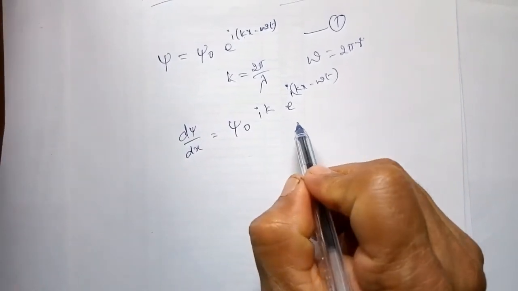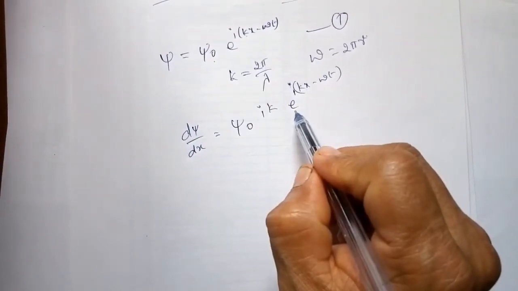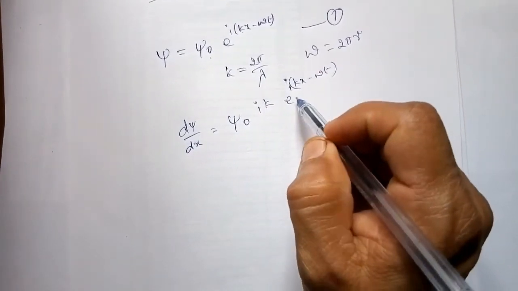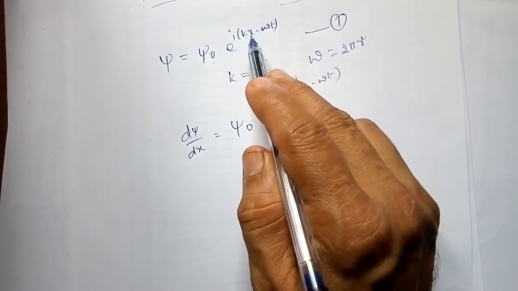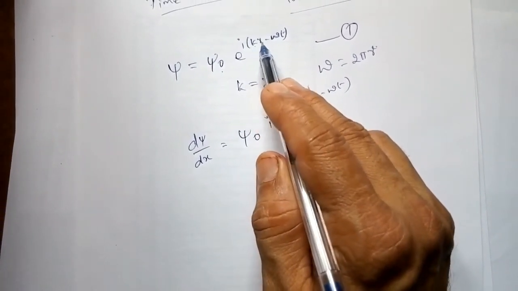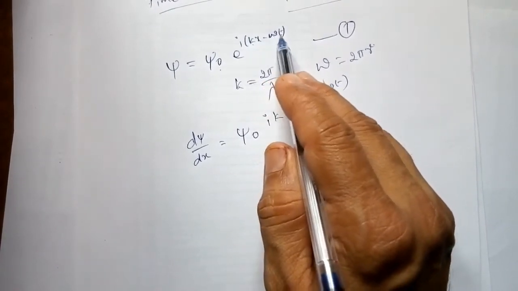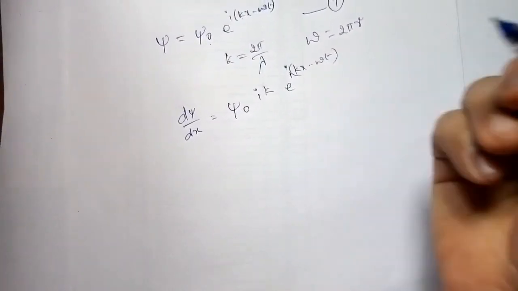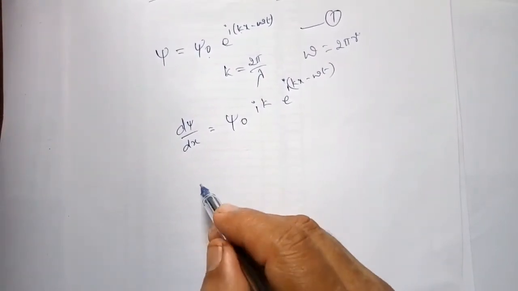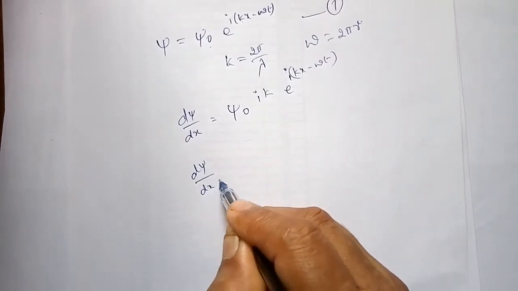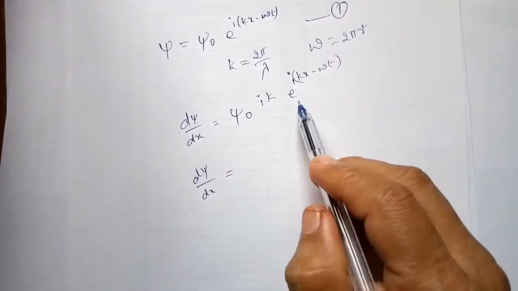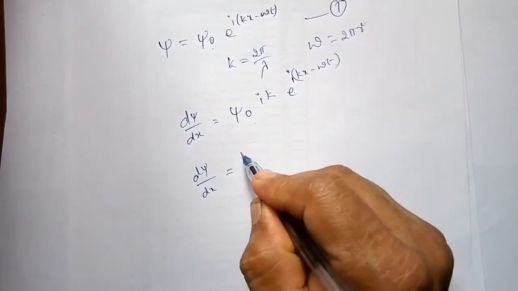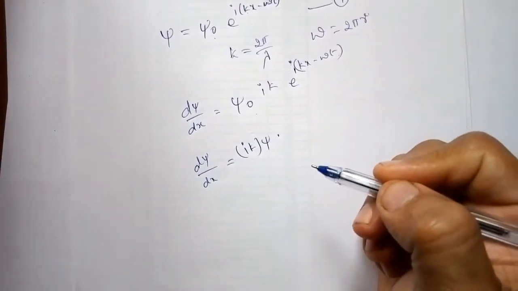On differentiation, psi naught is a constant, e to the power i(kx minus omega t) remains the same, and differentiating the exponent, the constant term becomes 0, so you are left with ik, x is 1. Here psi naught into e to the power i(kx minus omega t) is nothing but psi. Therefore you can write ik into psi.